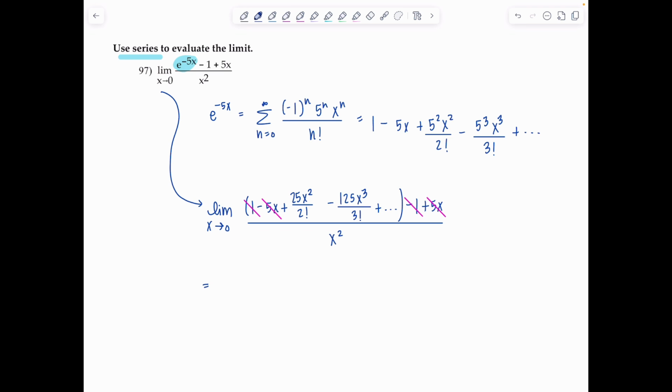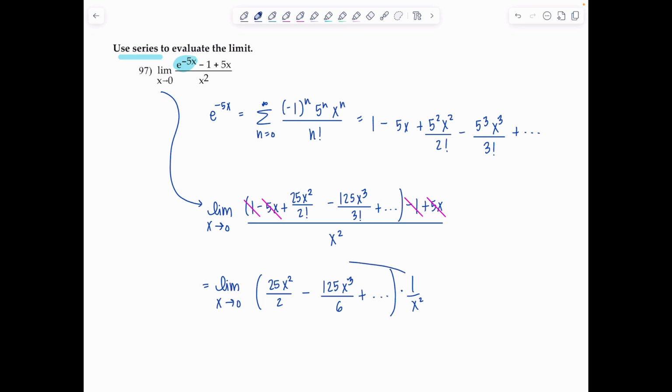So then now what do we have? We have the limit as x approaches 0. This is 25 over, you know what? Let me write it lower, and then I'll just put times 1 over x squared instead. So this is 25x squared over 2 minus 125x cubed over 6 plus blah, blah, blah times 1 over x squared.